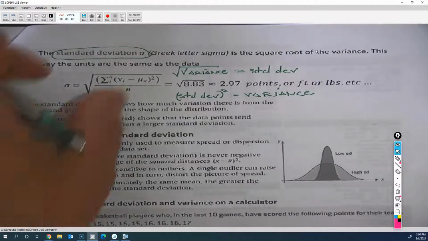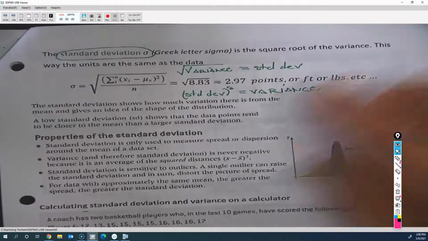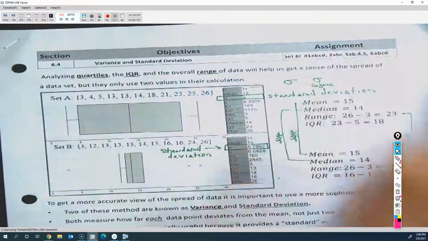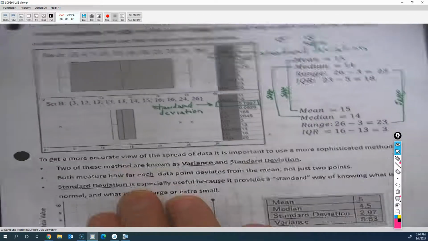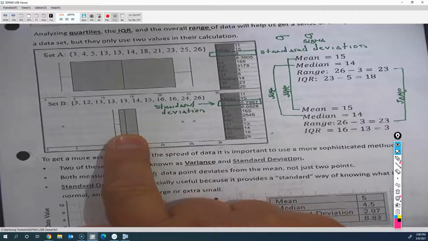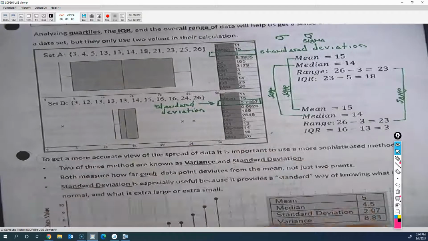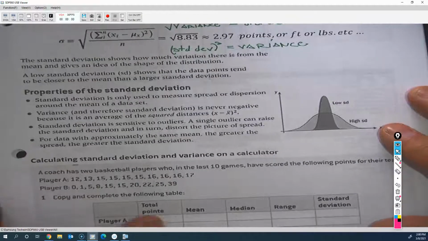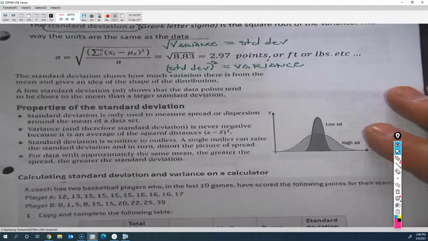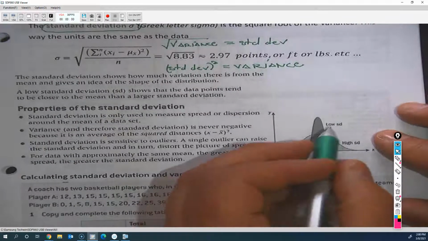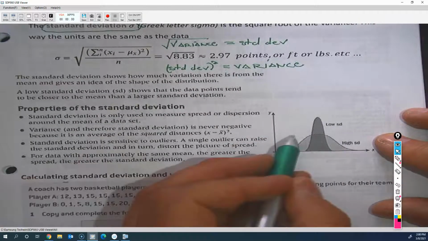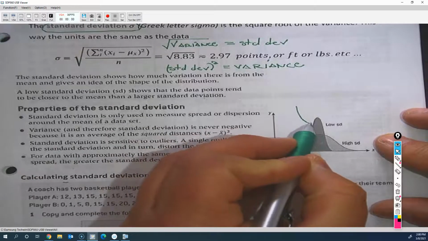Okay, so when you have a small IQR, we know our box is going to look like that. Small IQR, large IQR. When you have a small standard deviation, your data is going to look like this.